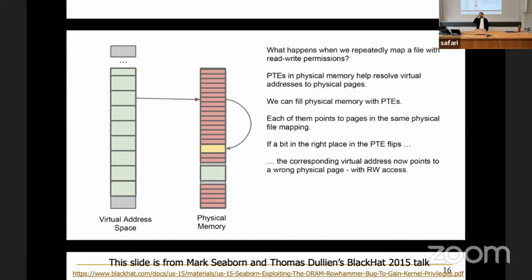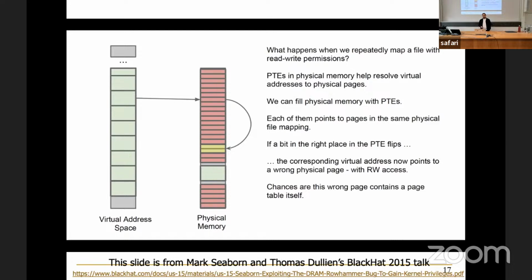And if you fill up all your memory with page table entries, then the new location that this points to has some other page table entries. And let's say you have allocated some memory space with read-write permission already, then you have write access to this page table entry. Now you can change the data inside there. And the funny thing is, you can just make it point to any arbitrary location in the physical memory, right?